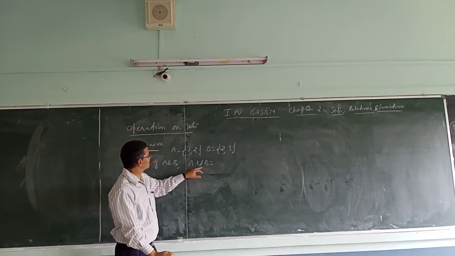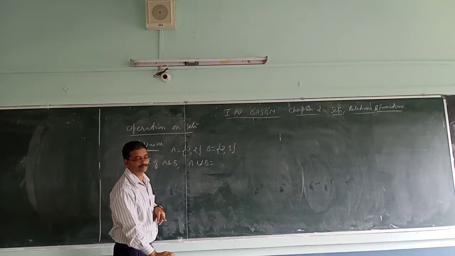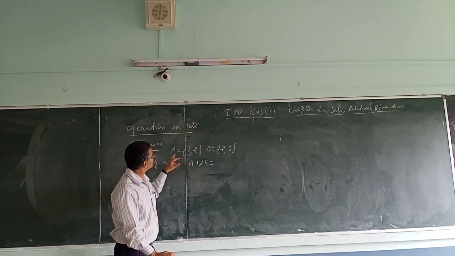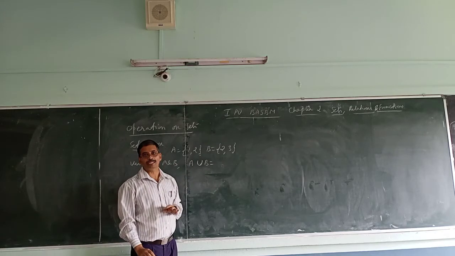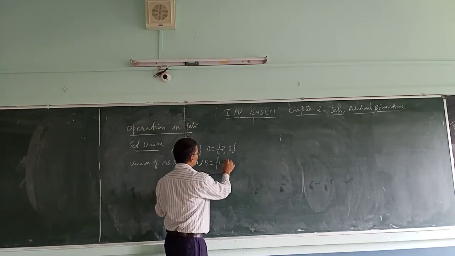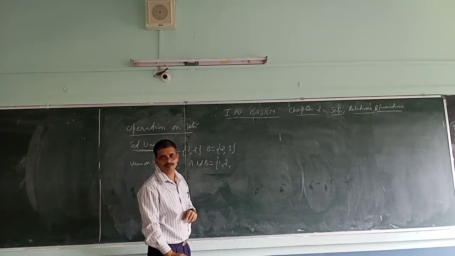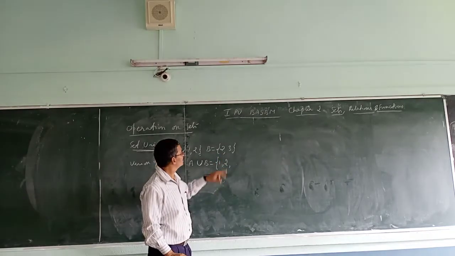Now this is a set. A union B is a set. It contains the elements of A as well as B. So what are the elements of A? Elements of A are 1 and 2. It contains the elements of B also. B means 2 and 3.